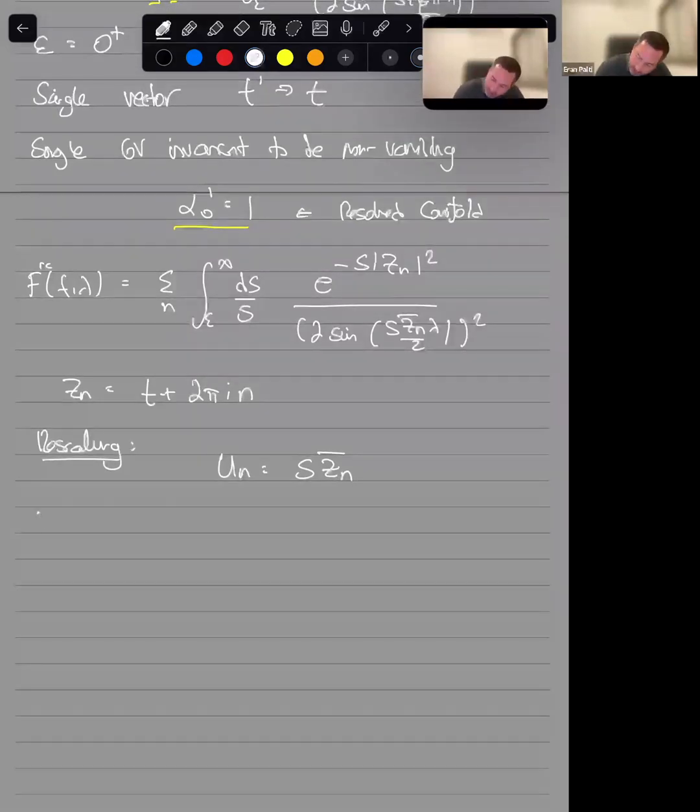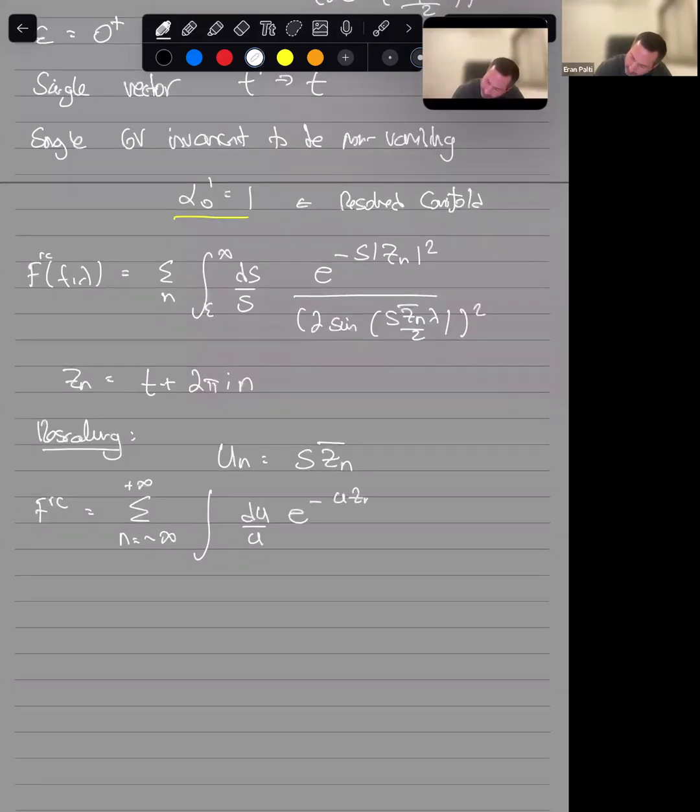And so now the free energy is the sum over n, and let's write it out explicitly, from minus infinity to infinity, integral du over u e to the minus u Z_n divided by 2 sine of u lambda over 2, to the 2. Good. But now remember, we have to change the integration accordingly.